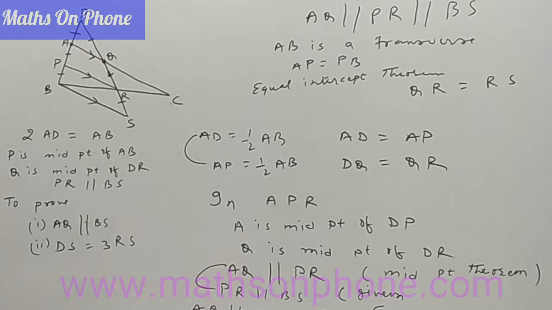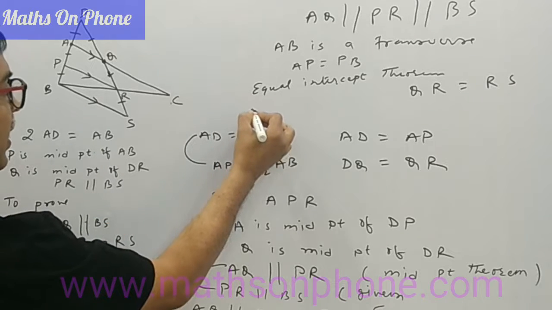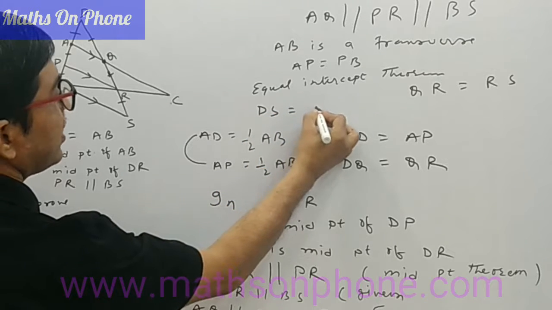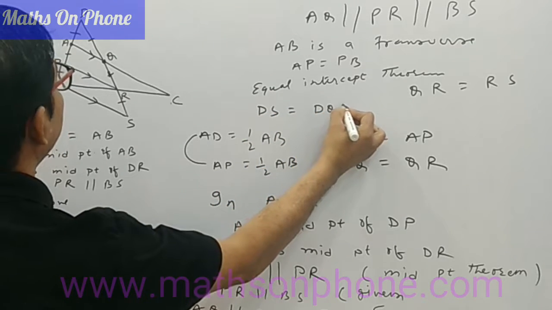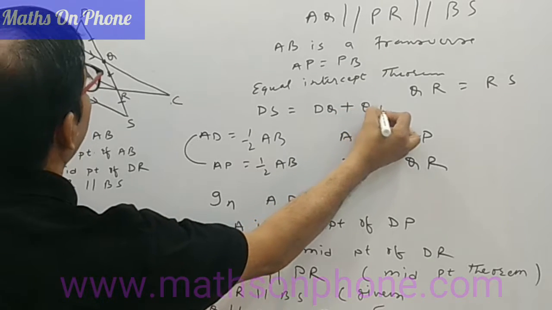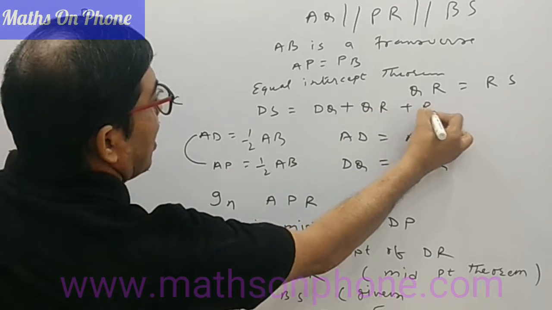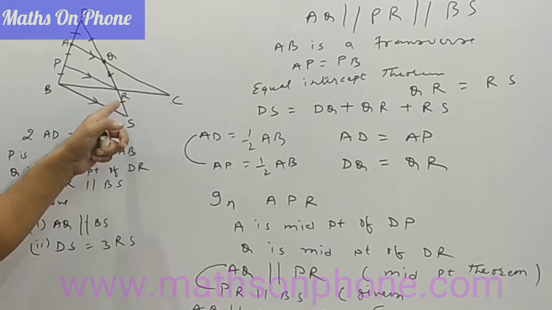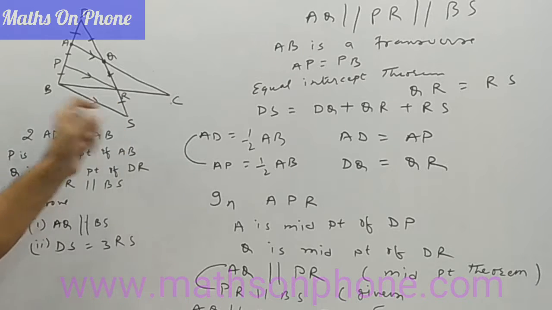Yes. Now we need to prove DS is equal to 3RS, we will start from here. DS can be written as DQ plus QR plus RS. So you know that DQ is equal to QR and QR is equal to RS.